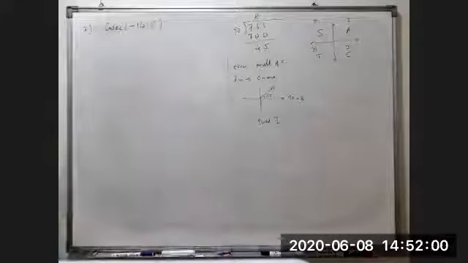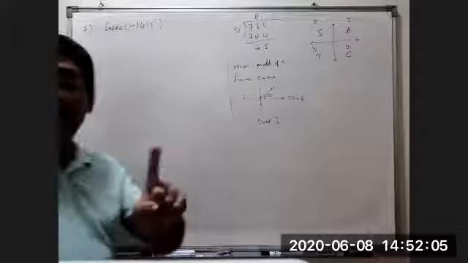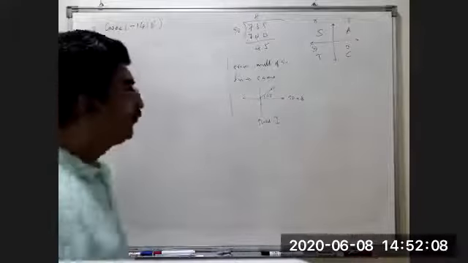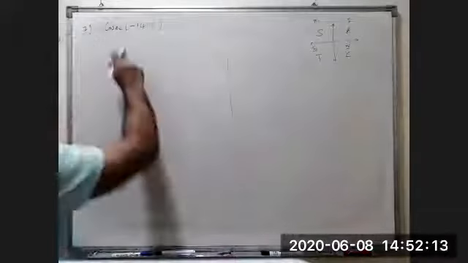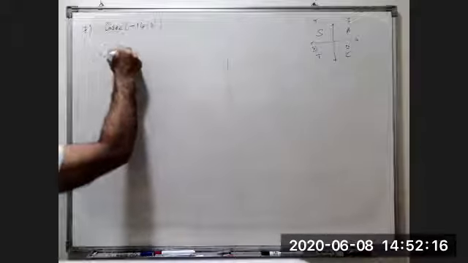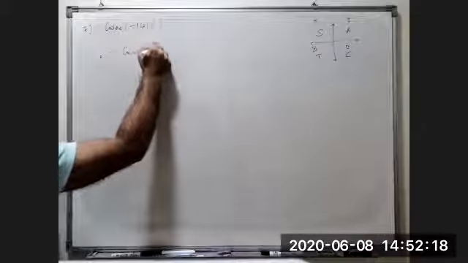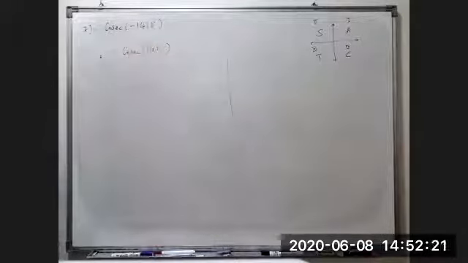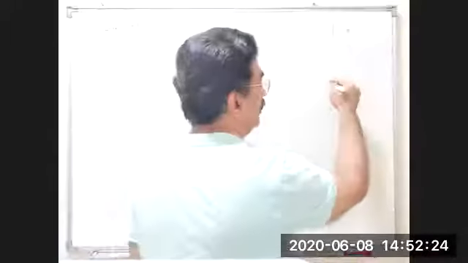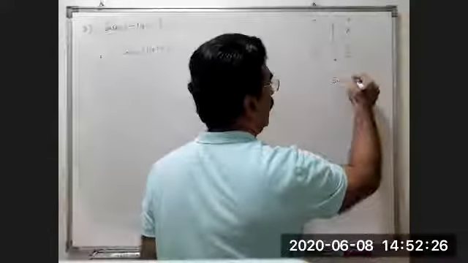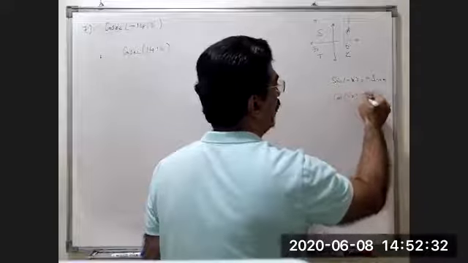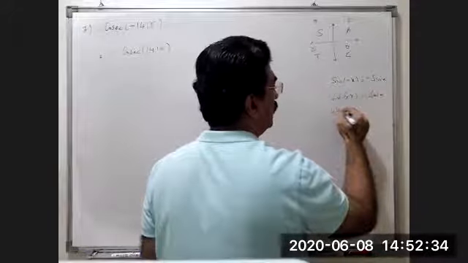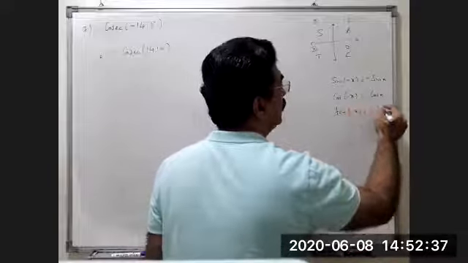Anyway. Cosine of minus 1410 degrees. Again, we learned it. Sine minus theta is minus sine theta. Cosine minus theta is cosine theta. Yesterday we wrote it: sine minus x is minus sine x, cos minus x is cos x itself, tan minus x is minus tan x.